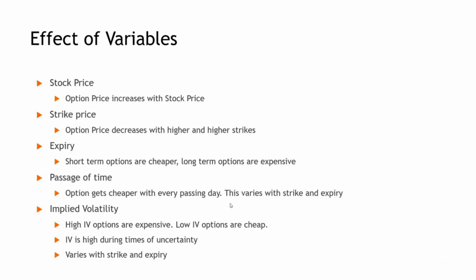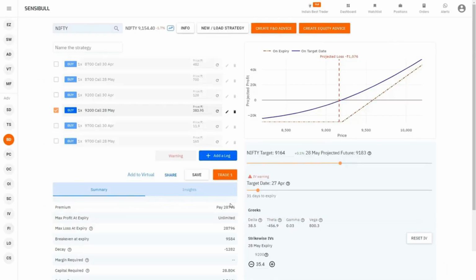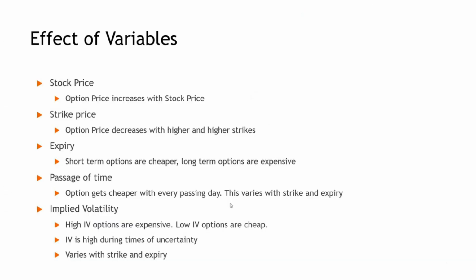I would highly encourage you to play around with a tool like this, because it helps you experiment with which option should be your choice for playing out your move. Because if you're not very clear on how each option is affected by the underlying move, the IV move, and time value decay, you might end up choosing the wrong option for the wrong move, and that is going to be very detrimental.